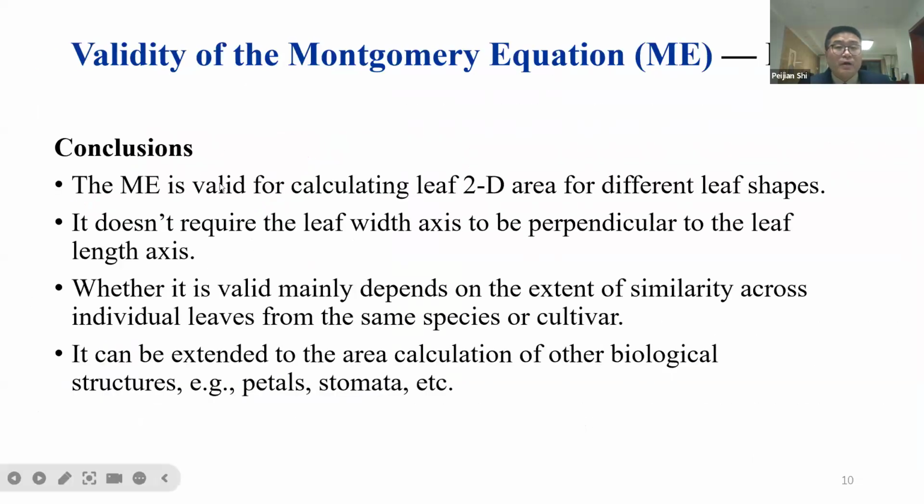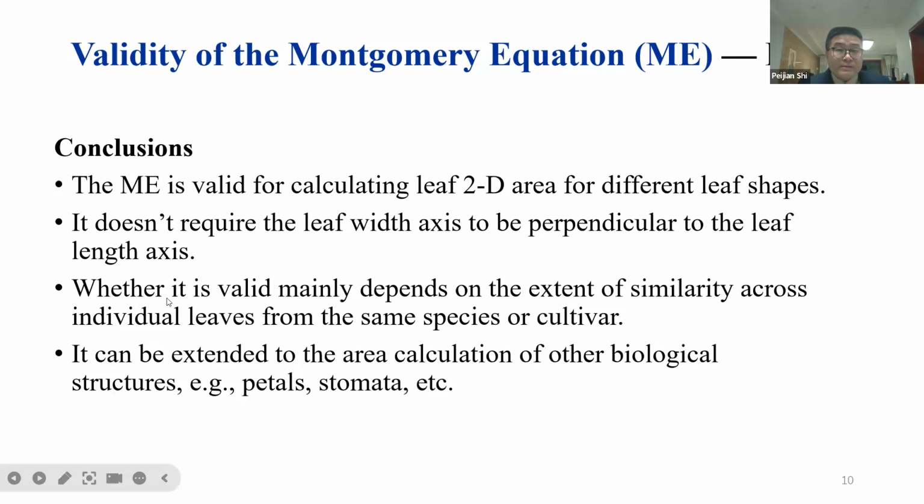So we can draw some conclusions as follows. The Montgomery equation is valid for calculating leaf two-dimensional area for different leaf shapes. It doesn't require the leaf width axis to be perpendicular to the leaf length axis.